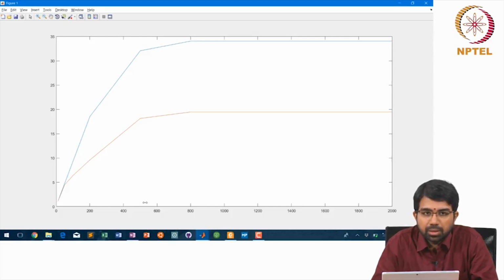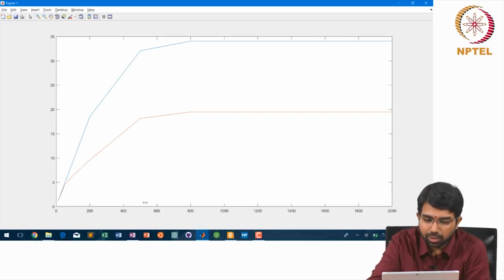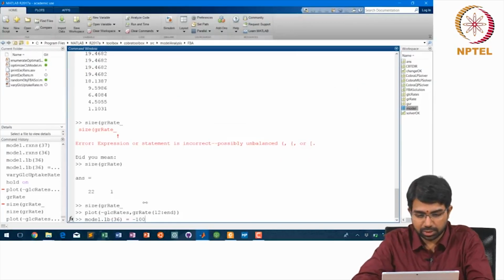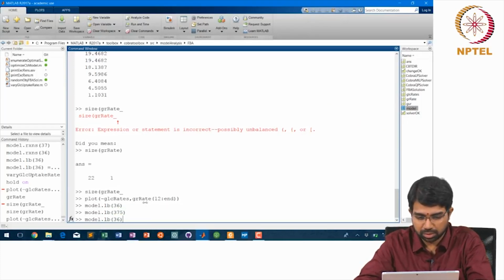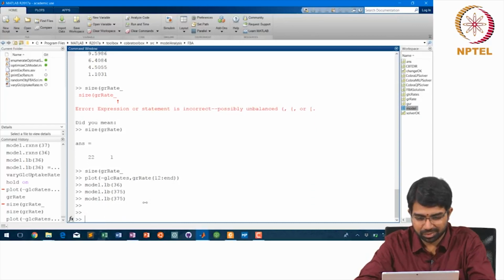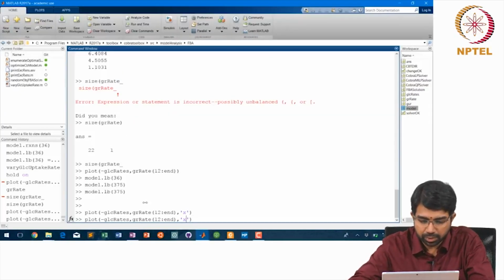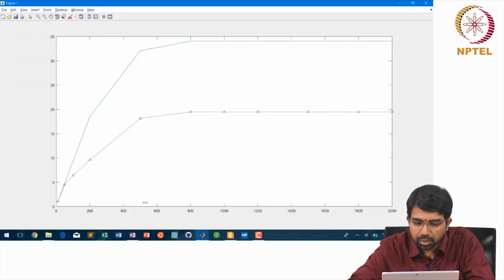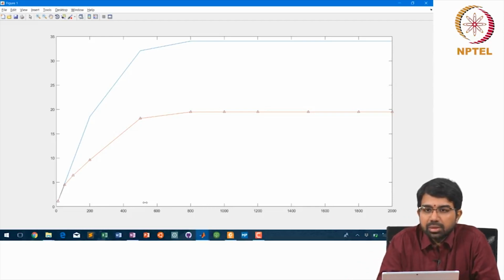Minus 100 means you are increasing the uptake rate? No, it was minus 1000 initially. Oh, minus 1000. Oxygen was minus 1000, glucose was minus 10, and I am sampling glucose at all these points. So now you know the exact points where we did it.